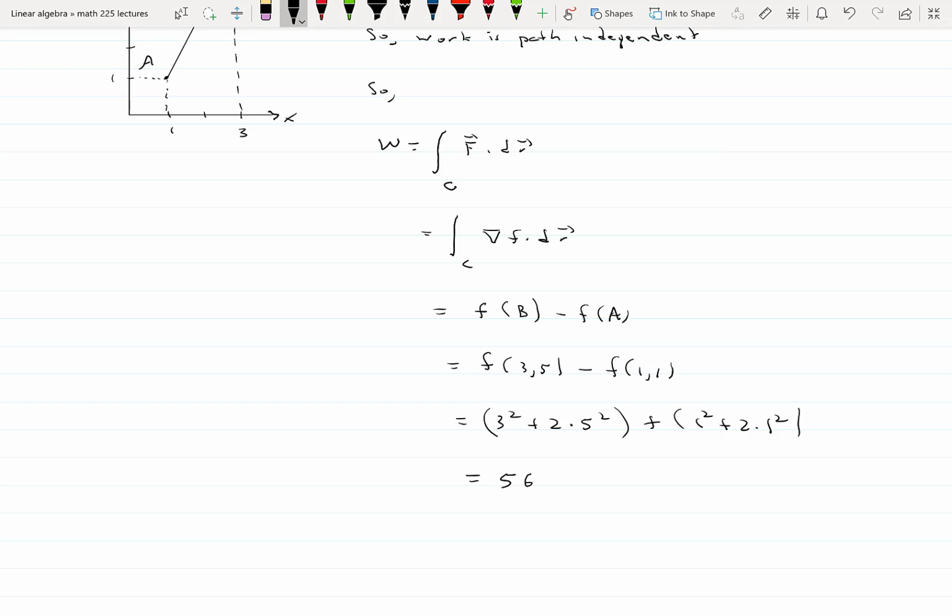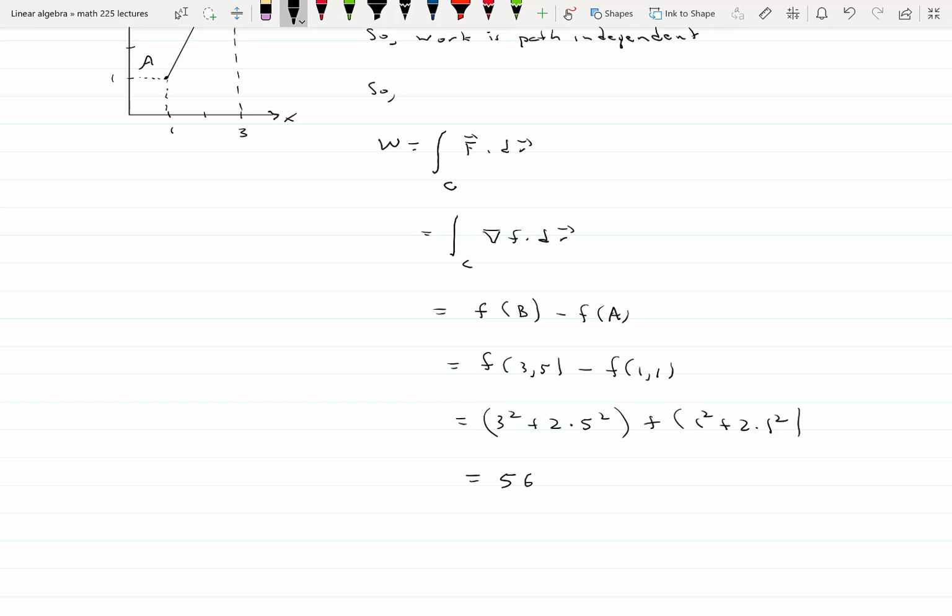I haven't expressed the units of our force, so let's just say 56 units of work for right now. All right, so we could have completely ignored the fact that we have a conservative field here. It's not a good idea, and I want to take some time to say that.